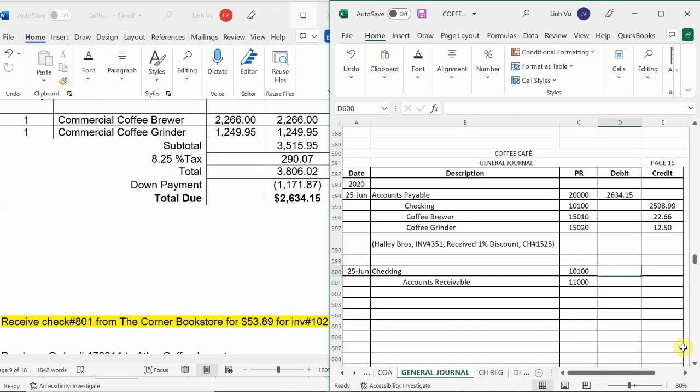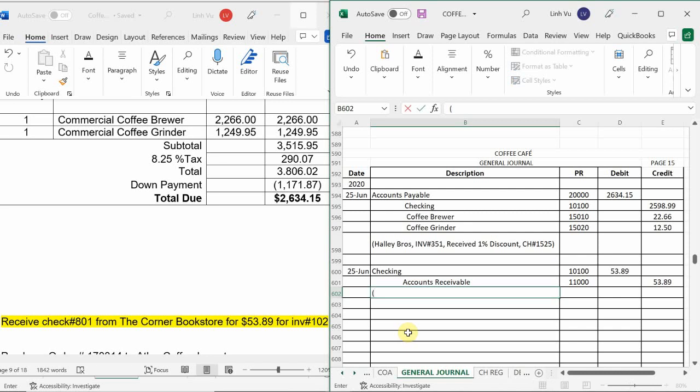Okay, for how much? How much was the check written out for? Okay. And he's paying for invoice number 102. So we have all the information that we need here, right?